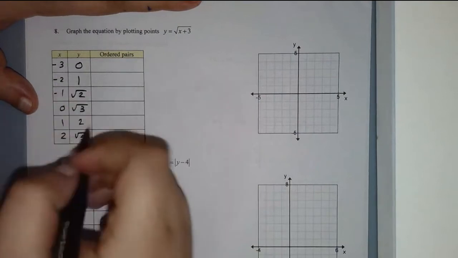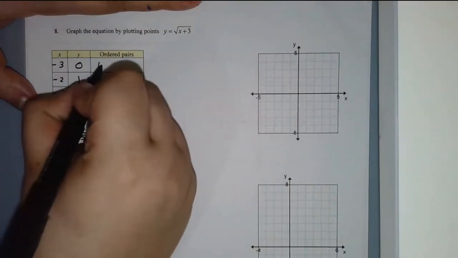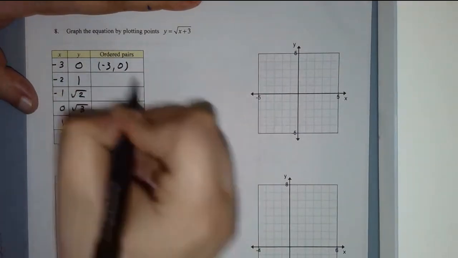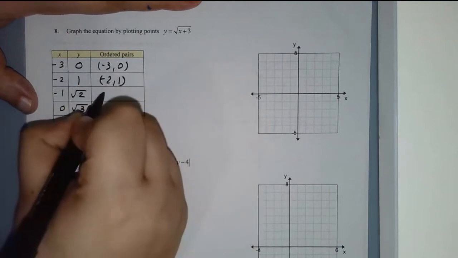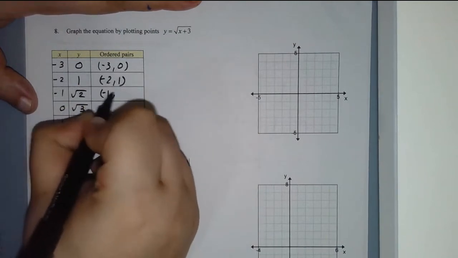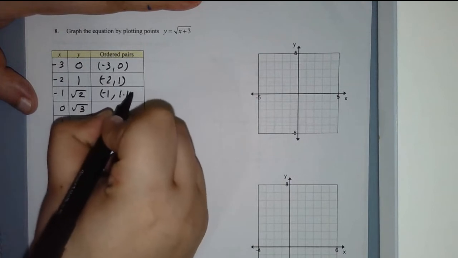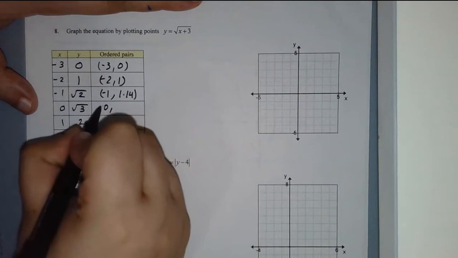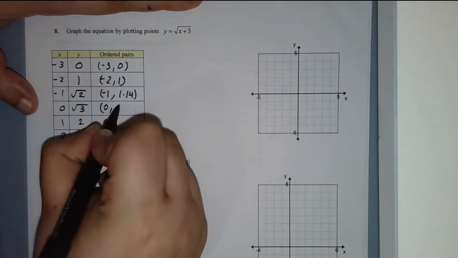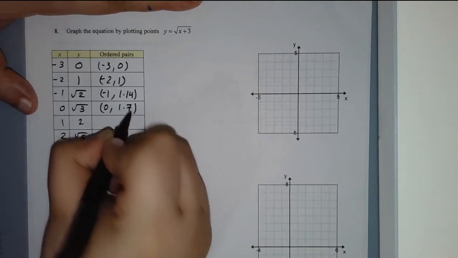Now, let's come up with the ordered pairs. So you have -3 and 0 here. -2 and 1. -1 and square root of 2, which is like 1.14, right? 0 and square root of 3, which is like what, 1.7, I think.